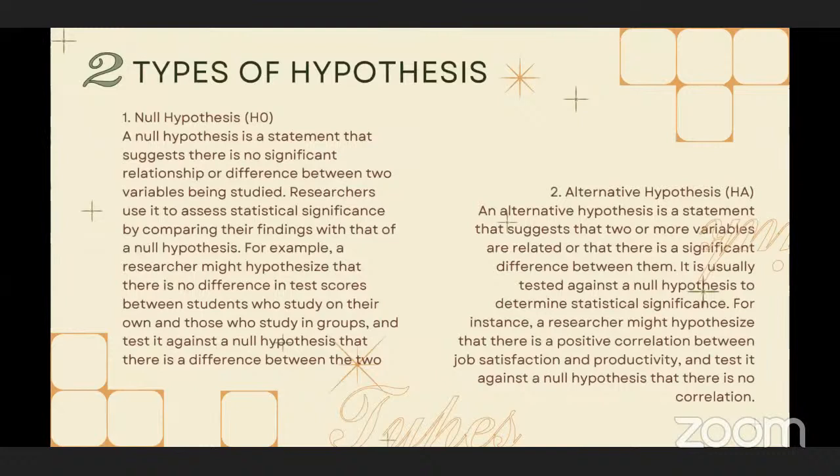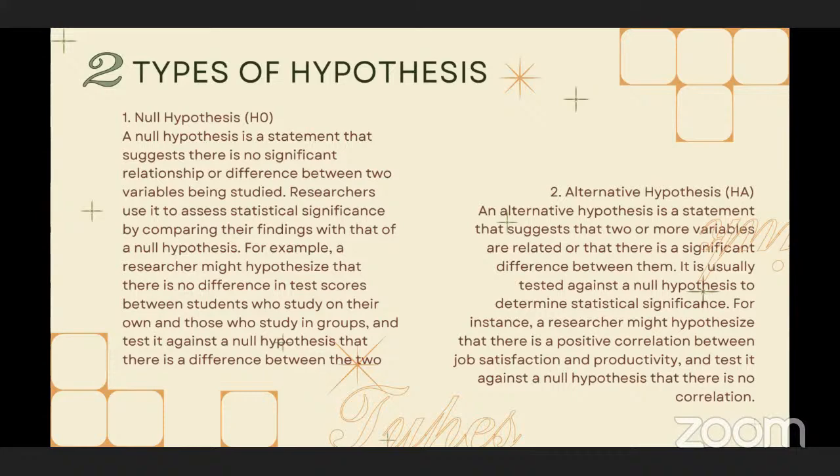Next, there are two types of hypothesis. The first type is the null hypothesis, or H sub zero. A null hypothesis is a statement that suggests that there is no significant relationship or difference between two variables being studied.